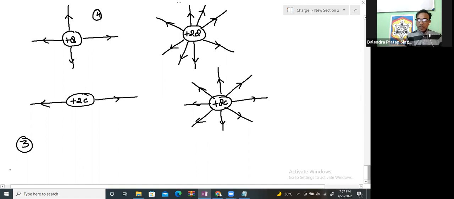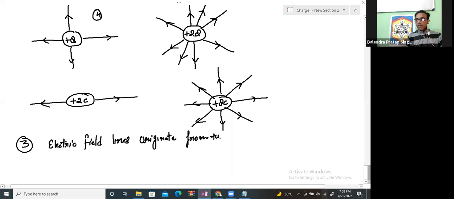Electric field lines originate from a positive charge and terminate at a negative charge.